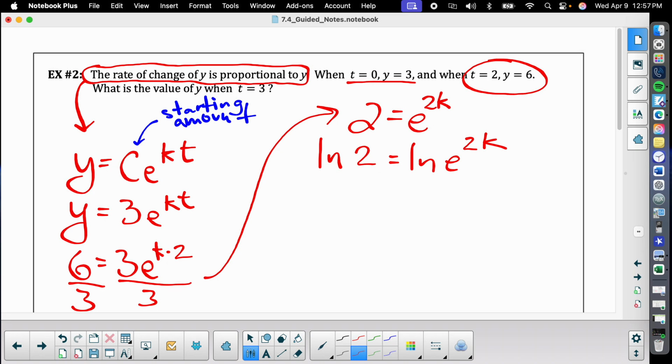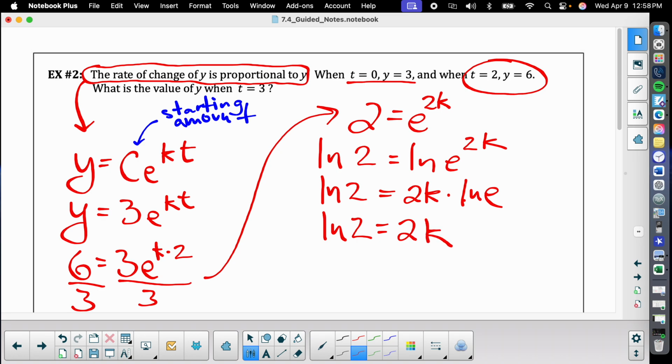Exponents from natural logs can go up front as a multiplier. ln of e is 1, because this means e to what power is e. So that is 1. And so k is ln of 2 over 2.